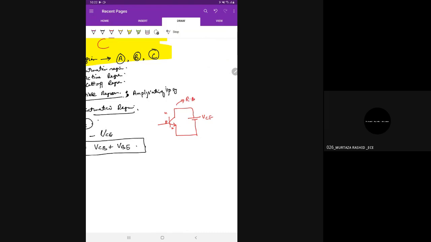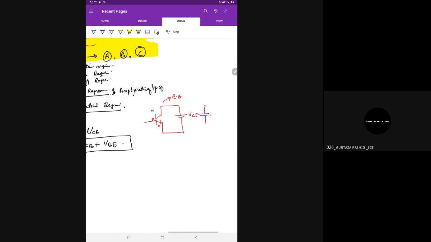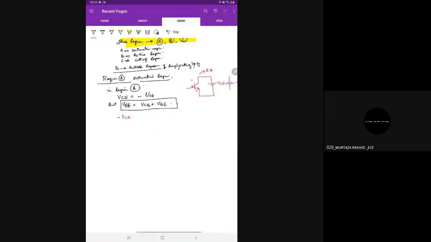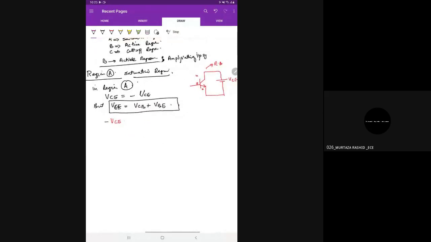But now for forward bias, you have to make this voltage source like this. So as compared to the previous configuration, now VCE is equal to minus times VCE. Then only it can forward bias, because in saturation region both the junctions are forward biased. That is why I said VCE is equal to minus times VCE.